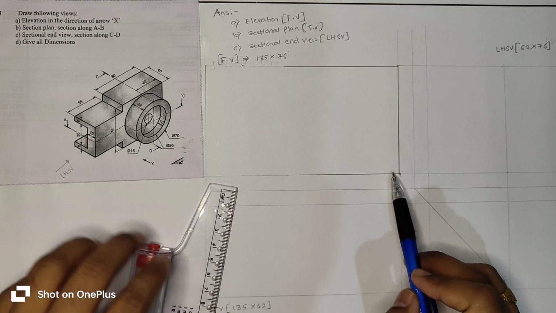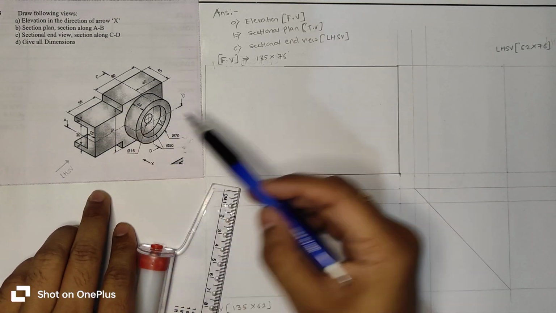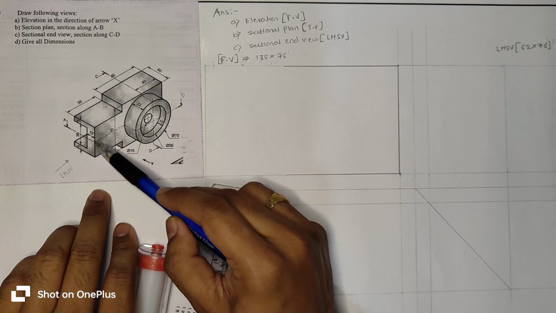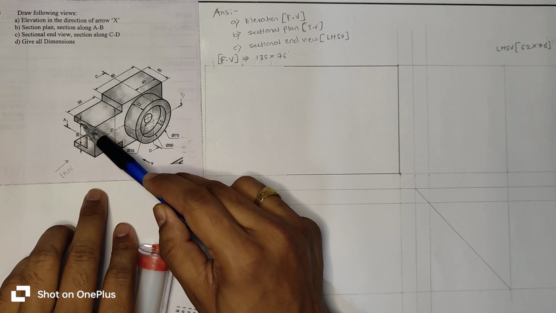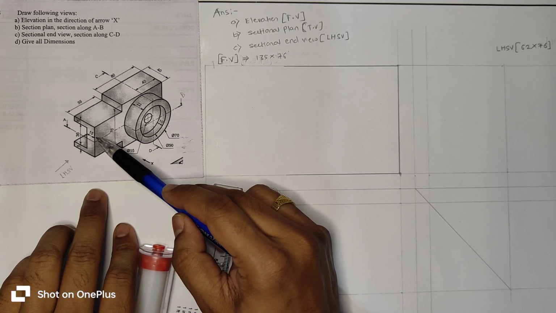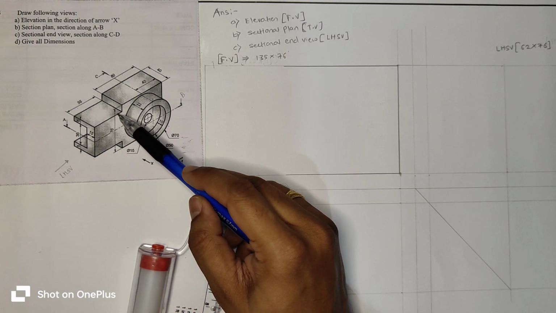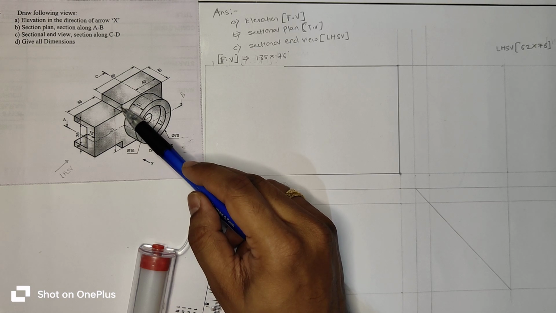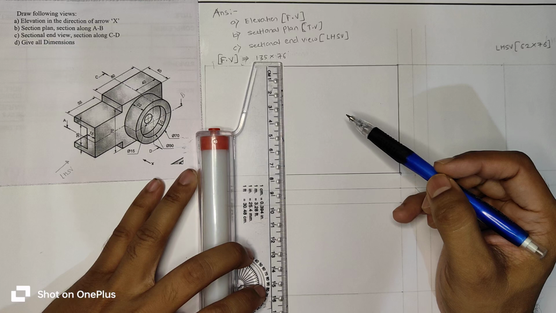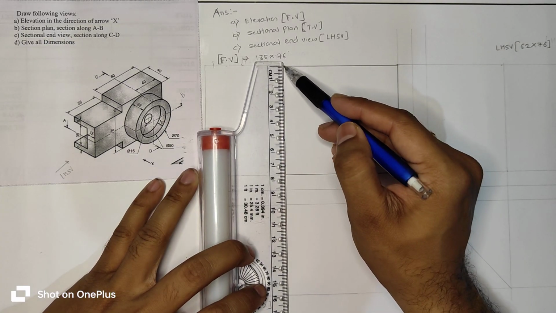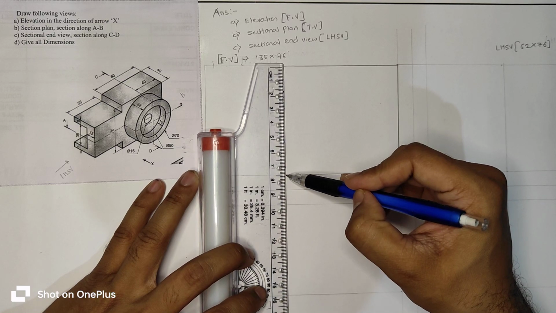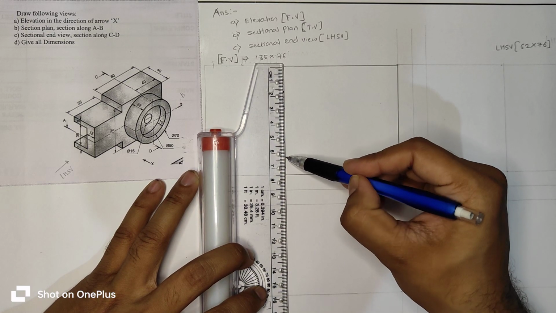Then total height is 76, and this distance is 36 plus 8 plus 8, that is 52. So 76 minus 52, that is 24, divided by 2 will be this distance. So 12 and 12 on both sides. So 12 mm, and from this point 12 mm.